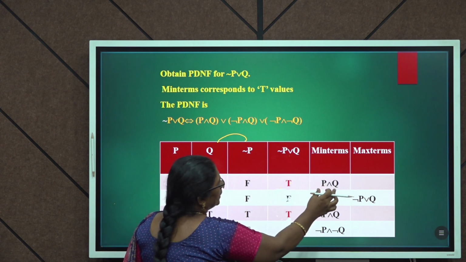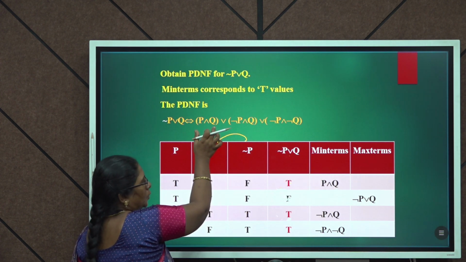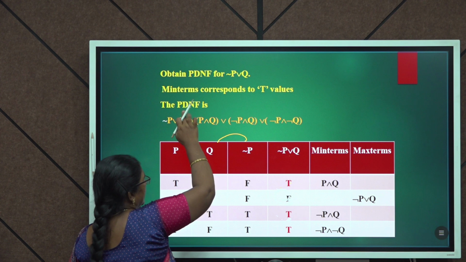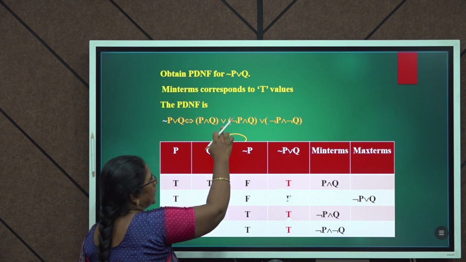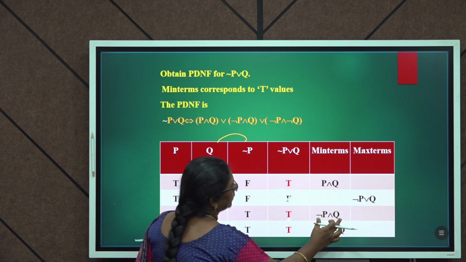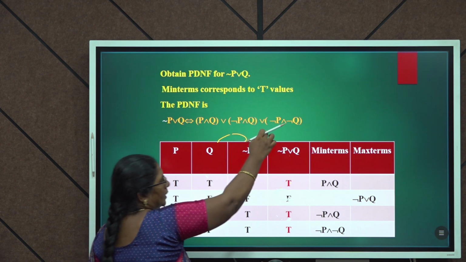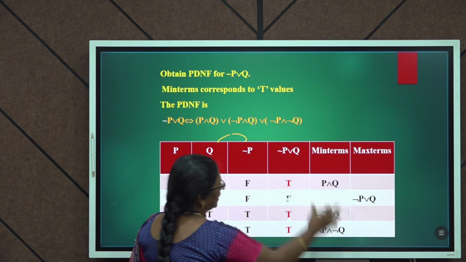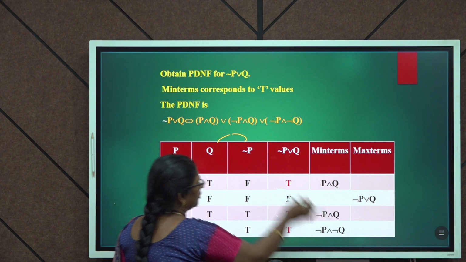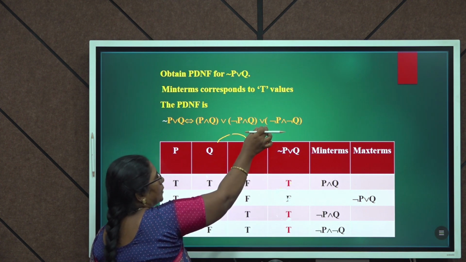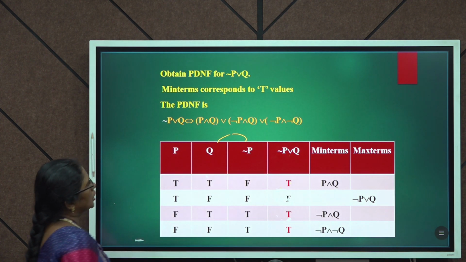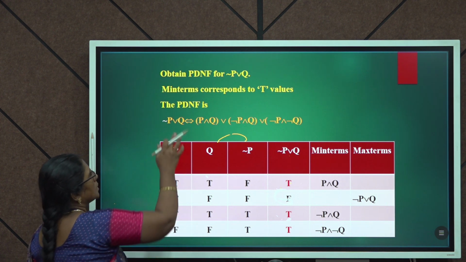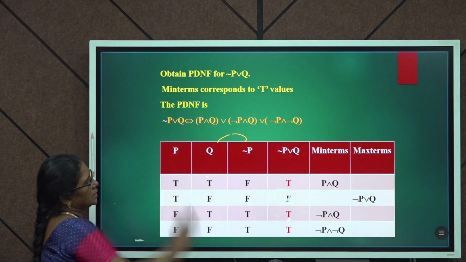The first min term is P cap Q, then disjunction, cup, then the next min term is negation P cap Q, again cup, and the third min term is negation P cap negation Q. All these min terms are connected by the logical operator cup. So it is nothing but disjunction of min terms. This is called the PDNF of the given statement formula.